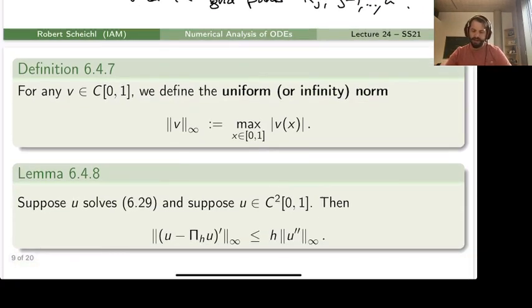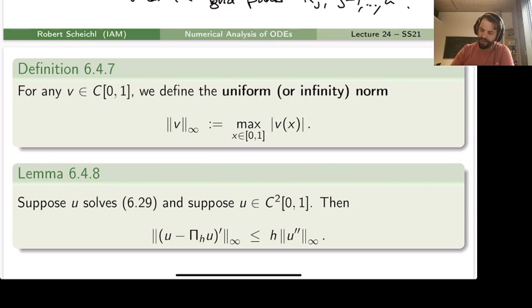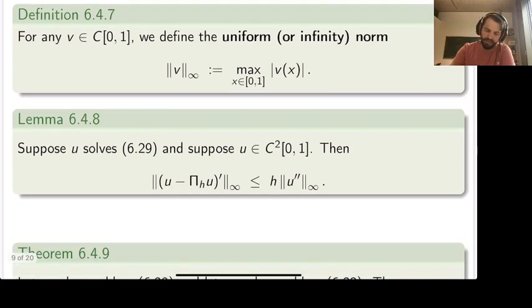And then I can prove the following result for our interpolation. Suppose u solves 629, and suppose u has two continuous derivatives on 0, 1. Then the interpolation error, the derivative of u minus pi h u in infinity norm, can be bounded by h times the infinity norm of the second derivative of the solution u.